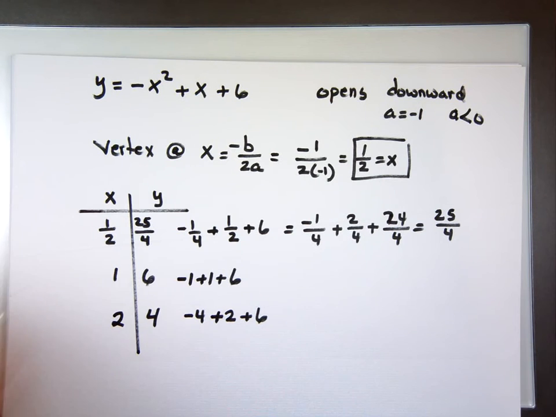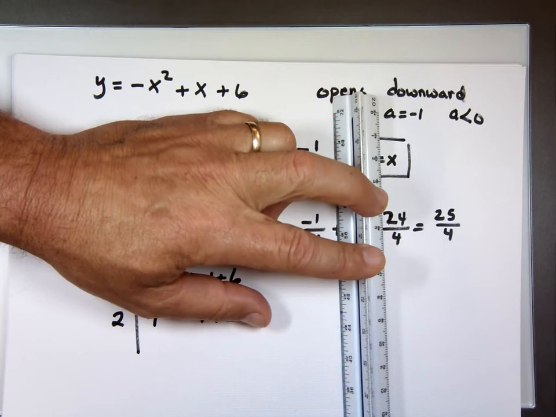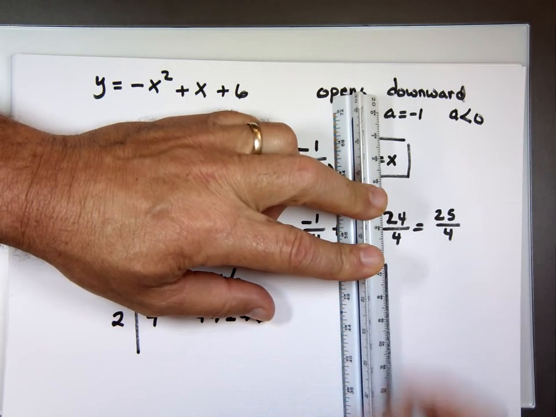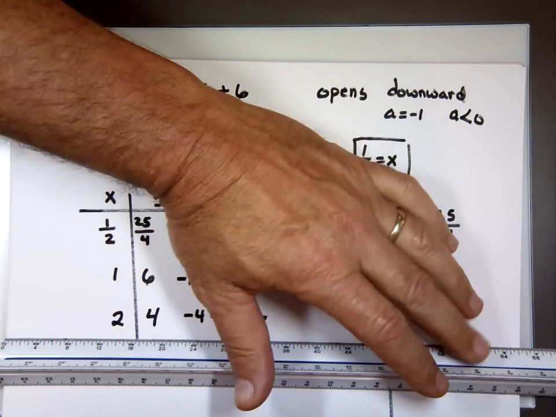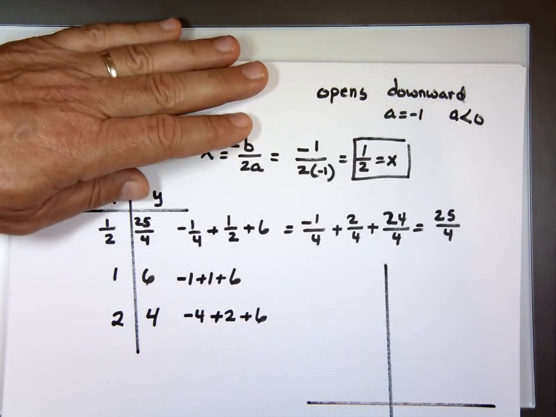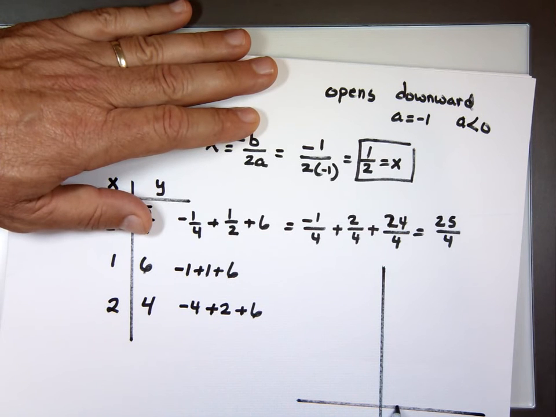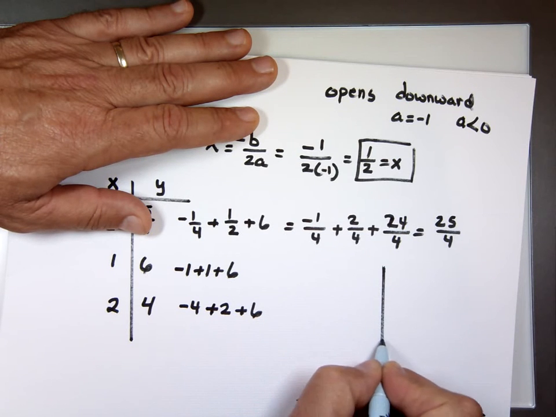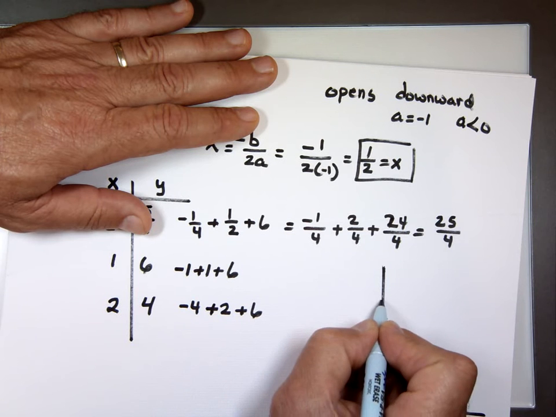Here we go. I'm going to attempt to graph it. X, this is the 1, this is the 2, 3, negative 1, negative 2, negative 3, 1, 2, 3, 4, 5, 6, 7.